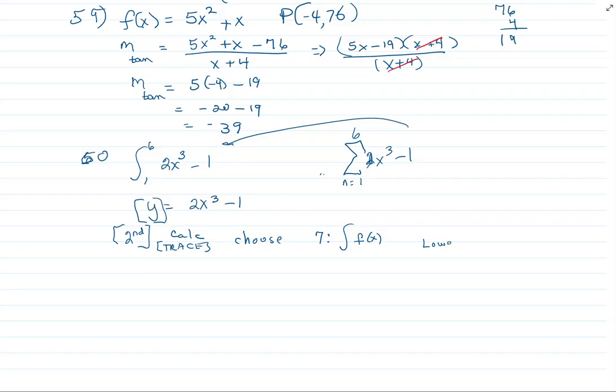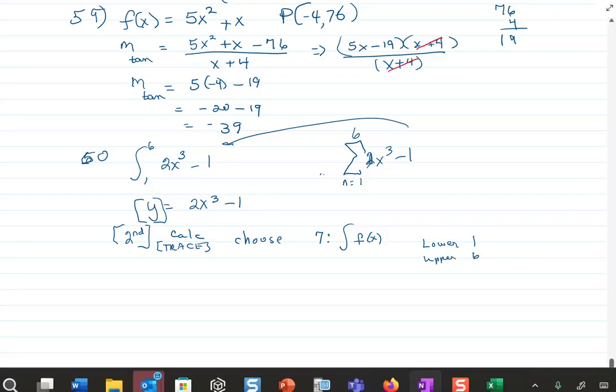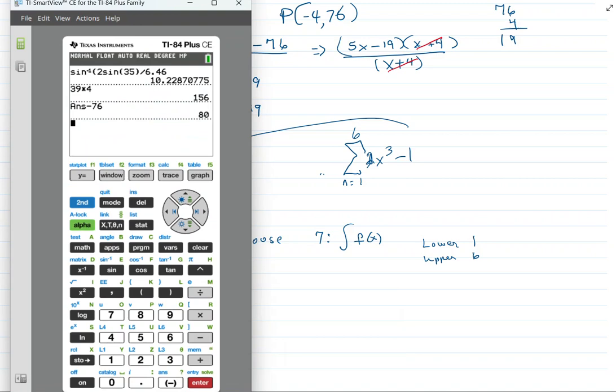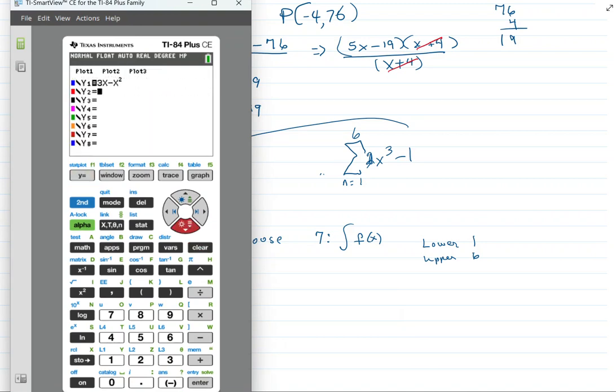Okay, make sure everybody's comfortable. All right, we're going to go here. And we're going to clear everything. Make sure nothing is highlighted on top. And we're going to enter the 2x cubed, right? And minus 1.